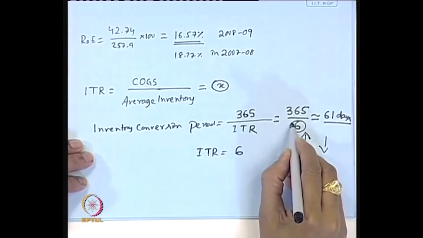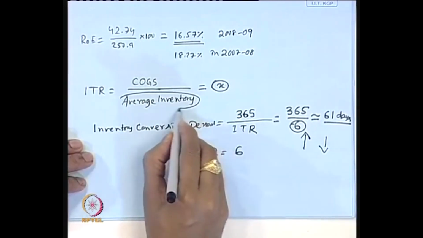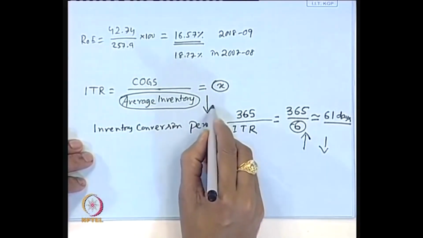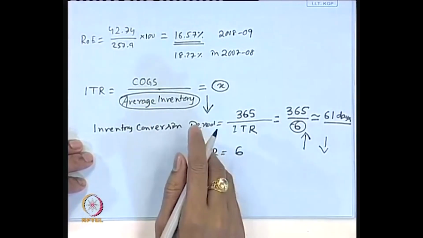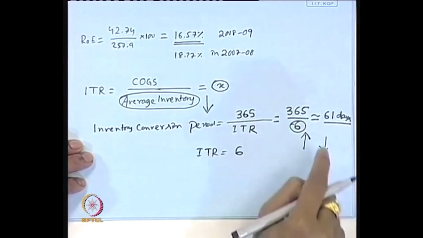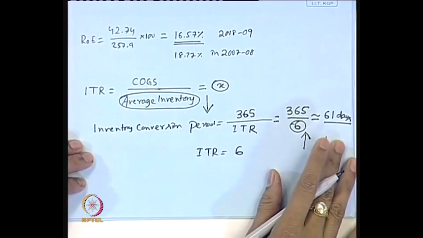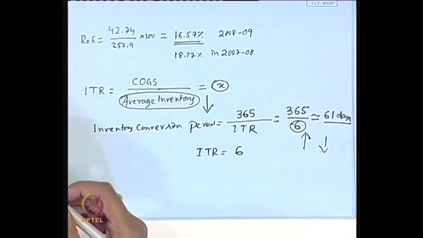If the inventory turnover ratio has to go up, then average inventory has to come down. So, inventory held during a particular period has to come down, then the ITR goes up. At the moment ITR goes up, the inventory conversion period falls, which should be a good sign for any company.